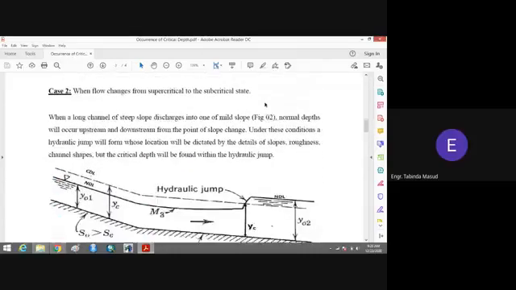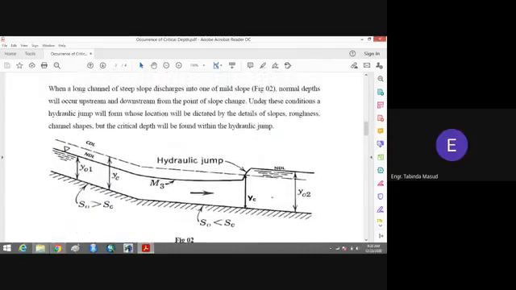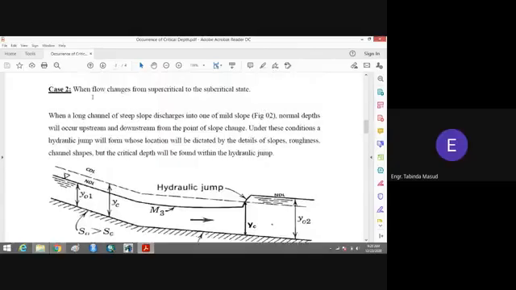Okay, this is our case number 2, where you can see the title of this case: when flow changes from supercritical to the subcritical state. Always remember, whenever the flow passes through the critical depth of the flow, it always changes its state. The subcritical will change into supercritical, and supercritical will change into the subcritical state.